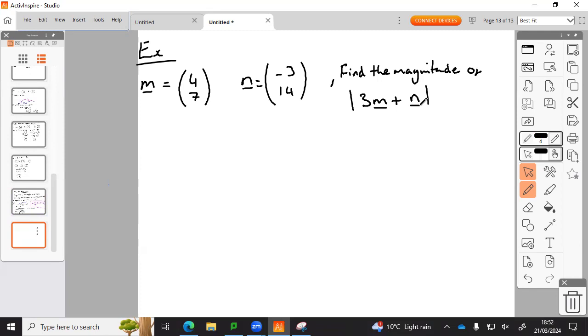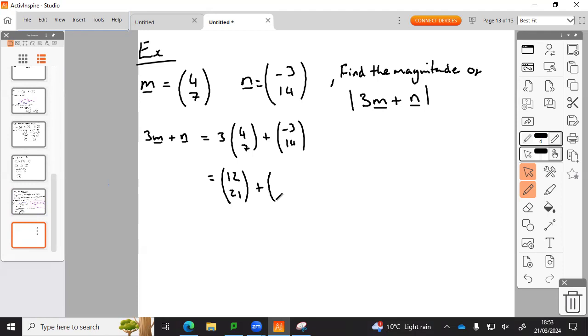First thing you want to do is find the actual sum in component form. So 9, 5.